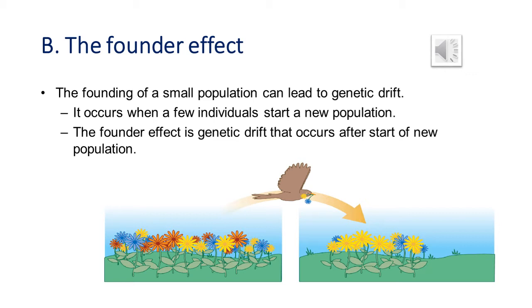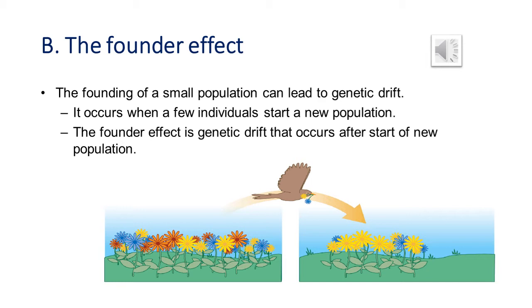The founder effect is the second type of genetic drift. It means losing of alleles, but it is not the result of a disaster. It happens when a few individuals start a new population in a remote place, a new colony, with limited traits.